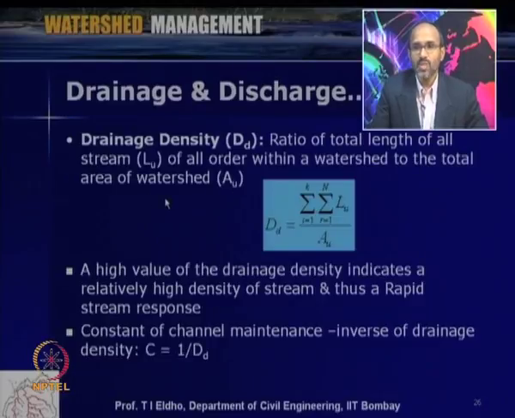Now, another important aspect as far as the watershed is concerned is the so called drainage density. It indicates the ratio of the total length of all streams of all orders within a watershed to the total area of the watershed.